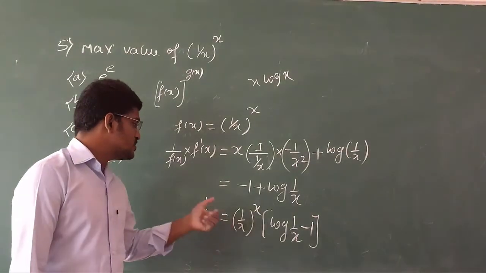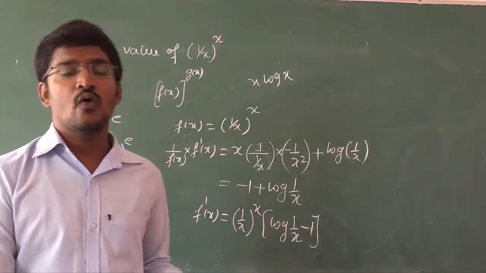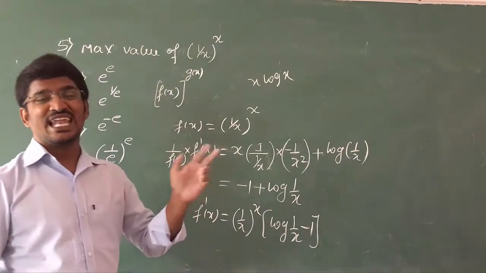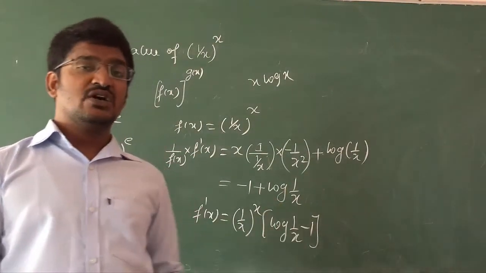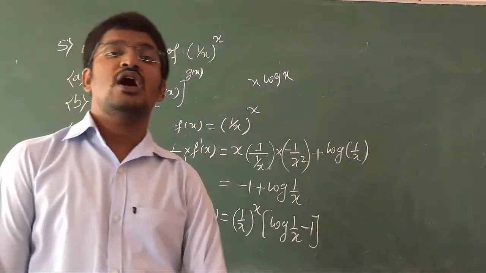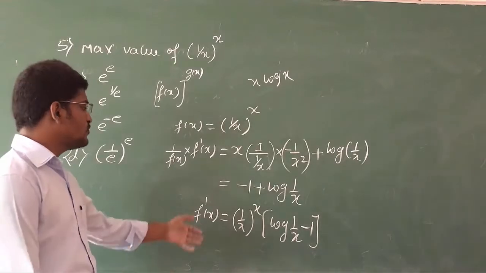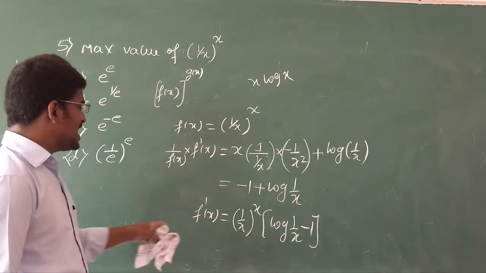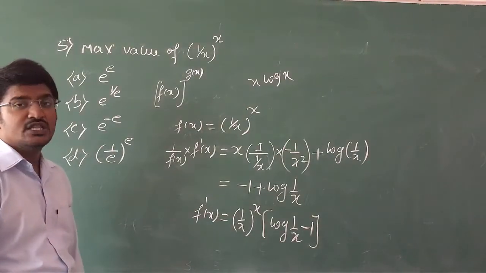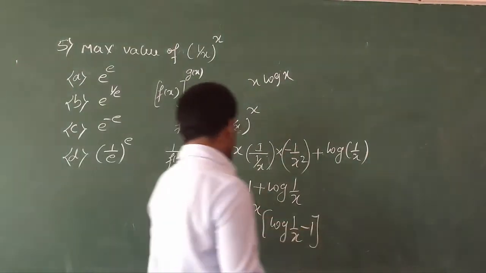If you have these terms for the f dash of x, now our regular method is find the roots, calculate f double dash of x, check where it is lesser than 0, check where it is greater than 0, then you have to answer. But we shall not follow those steps here. Directly I will equate this term to 0 and I will find the roots. Okay.